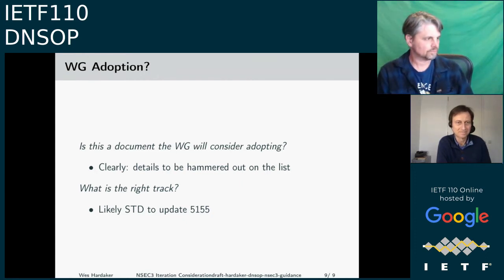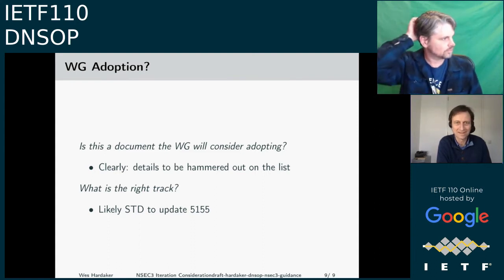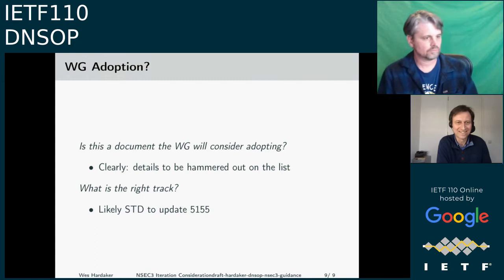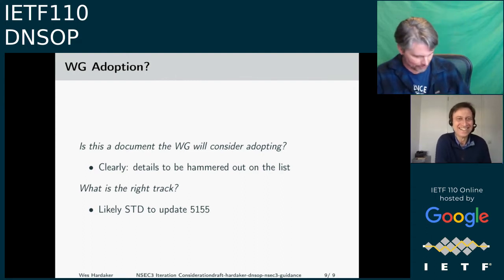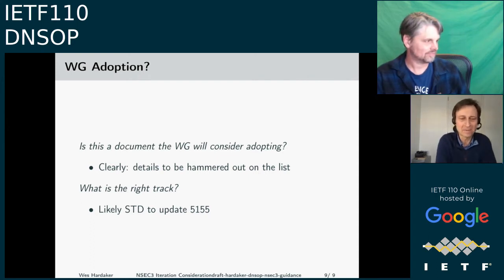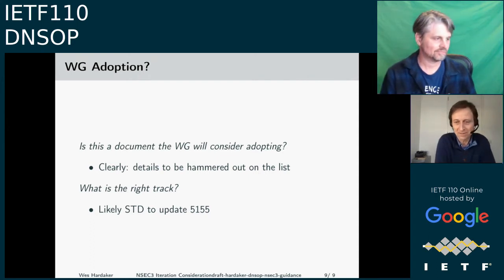Okay. Jim, please go ahead. Pedro, what are the next steps? Are you going to issue a call for adoption? Yeah, that was my next step. Well, that would be down on the list. I think the feedback on the mailing list, or here in the room, is positive.